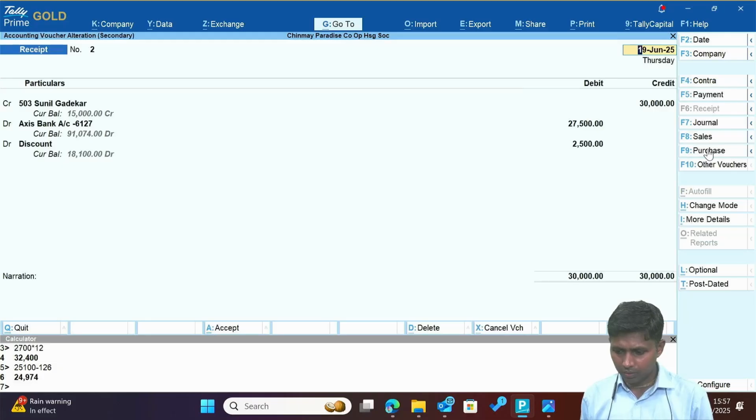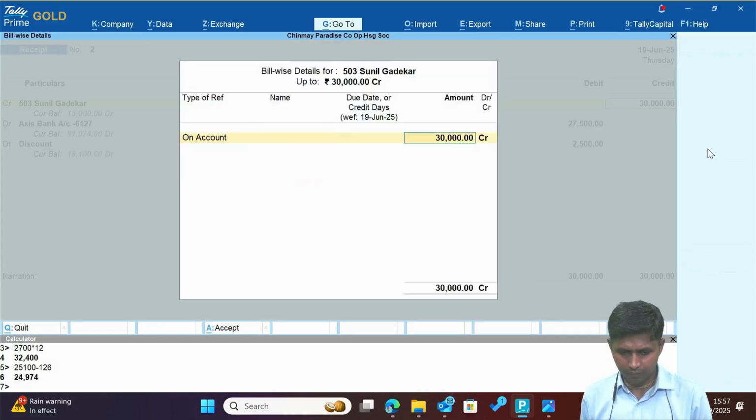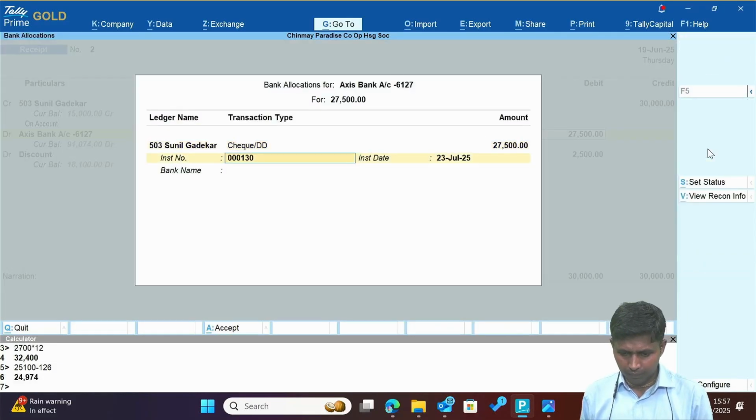And what is the reconciliation date of this transaction? 23rd July. Okay, this is okay.